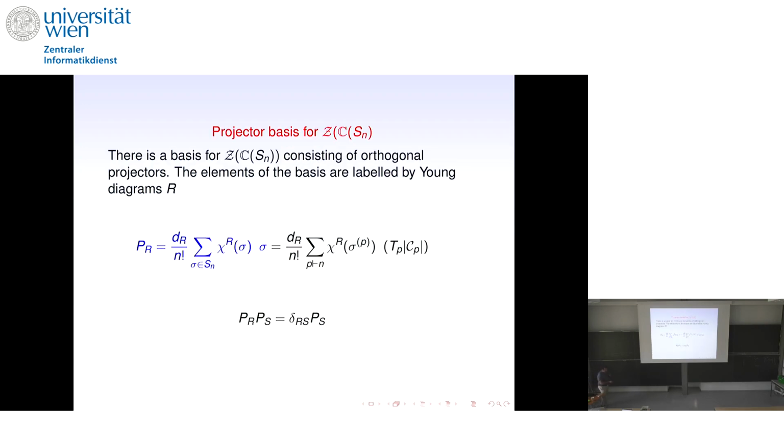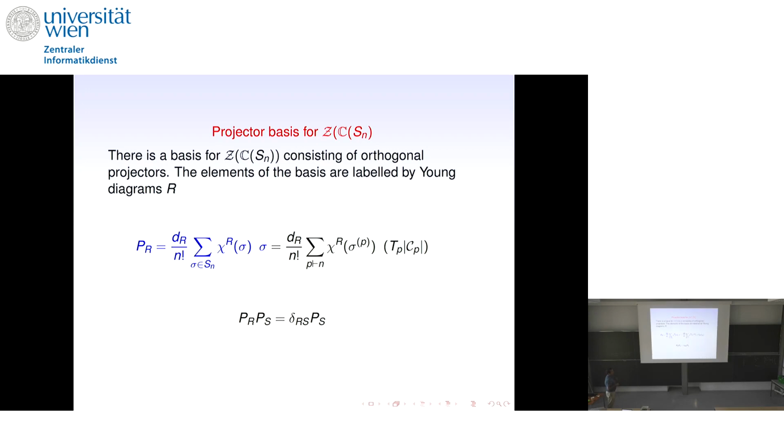Great. There's another interesting basis for the center, for the same algebra, where you take sums over permutations, but you weight them with characters in some irreducible representation of Sn. And I have chosen these normalizations to make sure that these projectors multiply in this way. So they are orthogonal projectors.